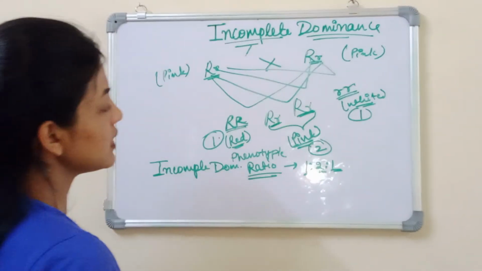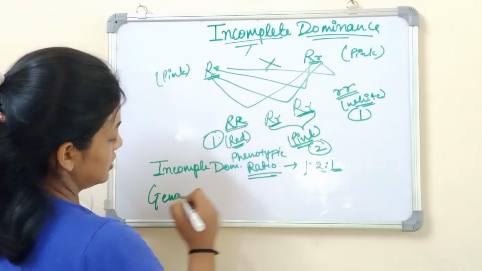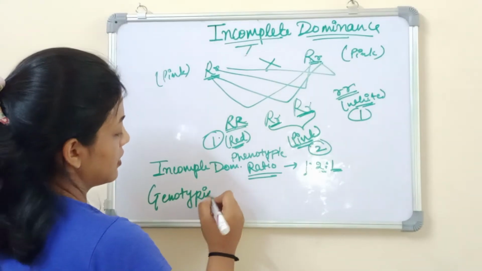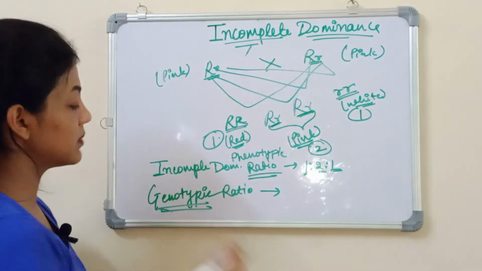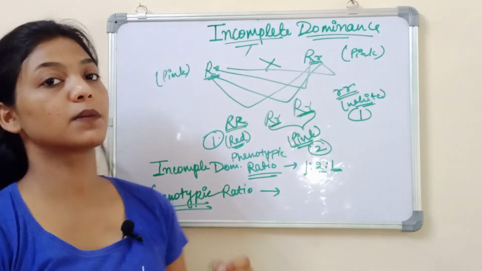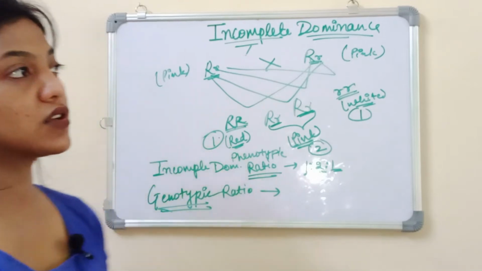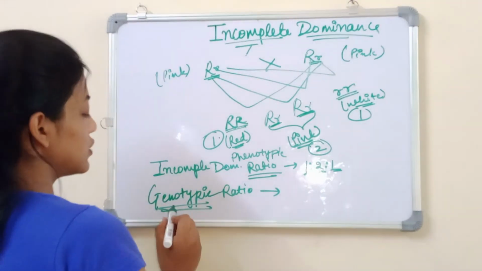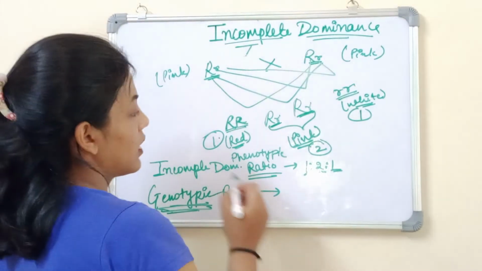Now what will be the genotypic ratio? Genotypic ratio means the genetic makeup, the genotype of the individual. On the basis of that, the genotypic ratio is written.